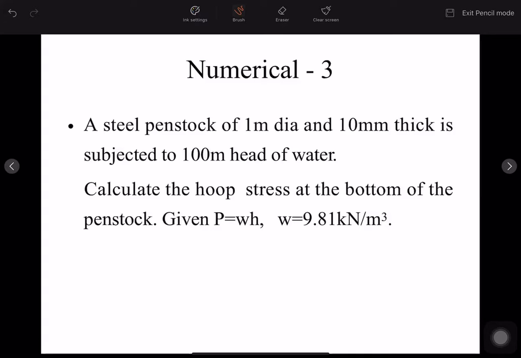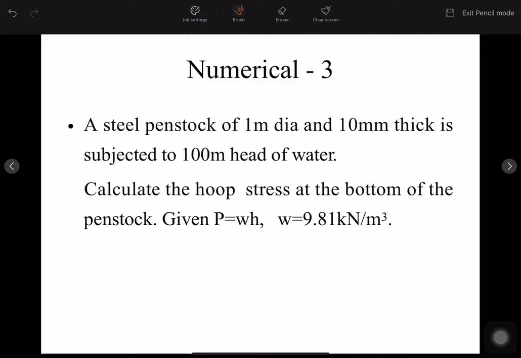So in the next numerical problem, there is a slight change in the given data, so nothing to be worried with this data, or nothing to get confused. It is same as previous problem only, but the way they have produced the values is a bit tricky.